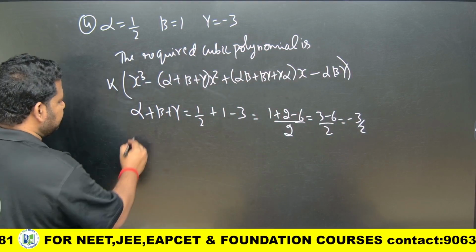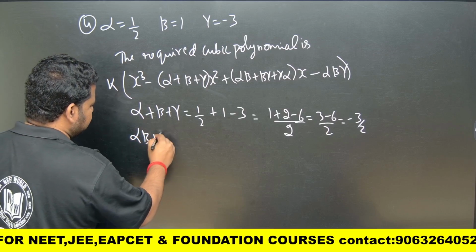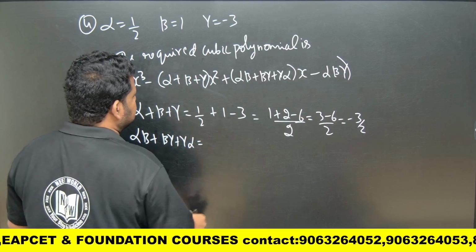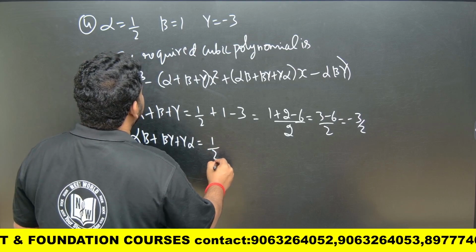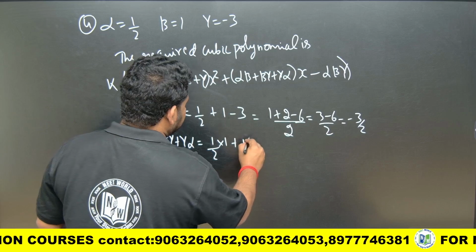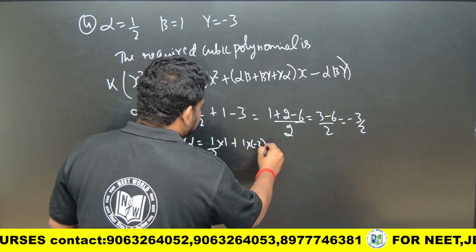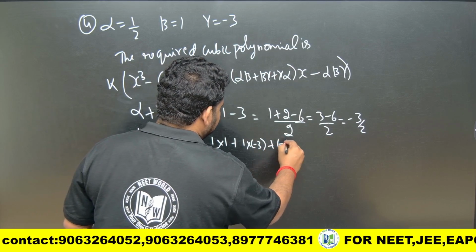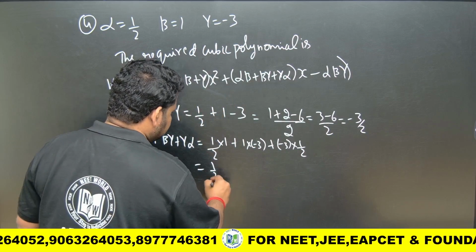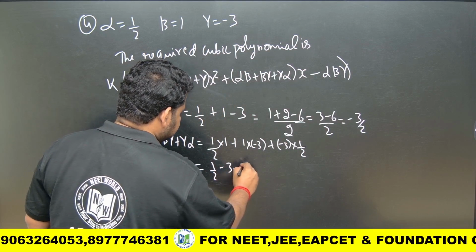What about alpha beta plus beta gamma plus gamma alpha, that is the product of the zeros taken 2 at a time? So, this will become 1 by 2 into 1, plus 1 into minus 3, plus minus 3 into 1 by 2. Now, this will become 1 by 2 minus 3, minus 3 by 2.